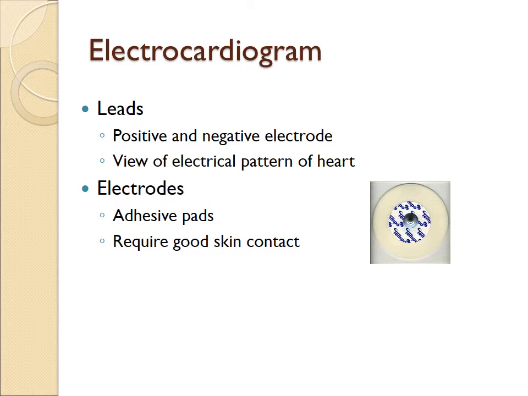Sometimes on a hairy patient's chest we have to shave off some of the hair so that we can actually get a good skin contact. Also, you have to make sure that your electrode has good jelly, an adequate amount that isn't dried out so that it will stick. And usually most telemetry nurses will change their electrodes every 48 hours.